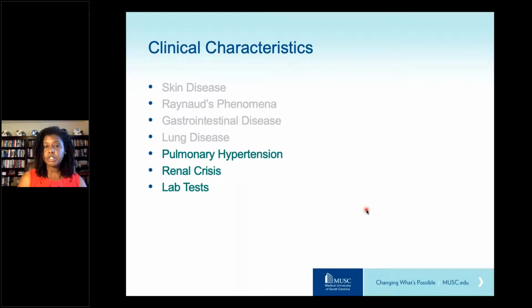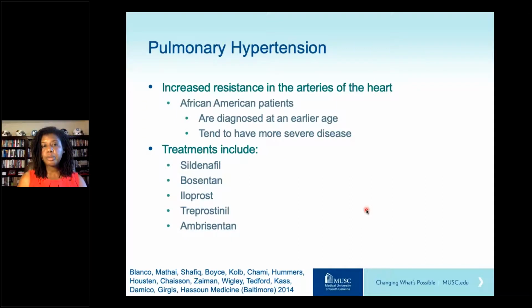Another clinical characteristic that can take place is pulmonary hypertension. So pulmonary hypertension is the increased resistance in the arteries of the heart. And because of this increased resistance, blood flow is compromised, which can lead to increased fatigue and shortness of breath, as well as swelling to occur in the extremities of our patients.